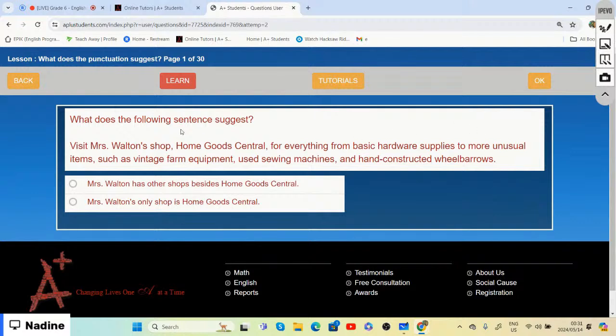So what does the sentence suggest? That Mrs. Walton has other shops besides Home Goods Central, or does it suggest that Mrs. Walton's only shop is Home Goods Central?